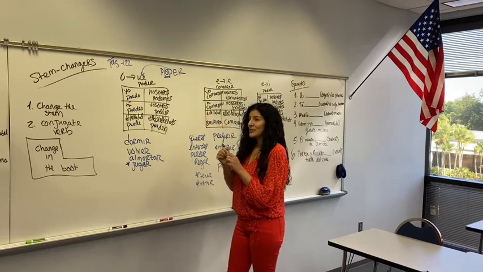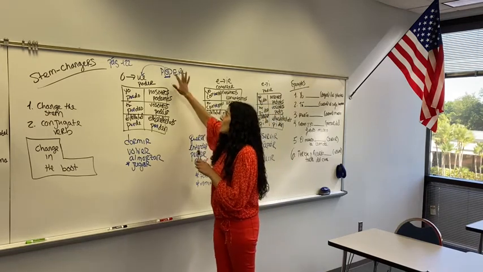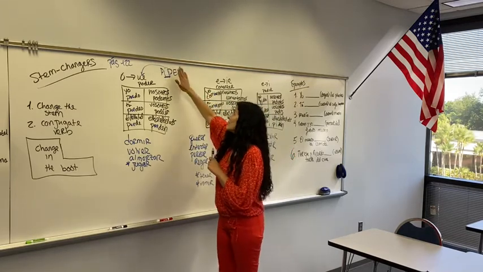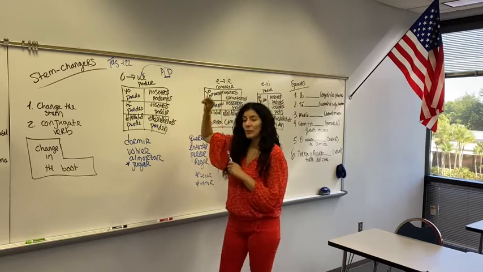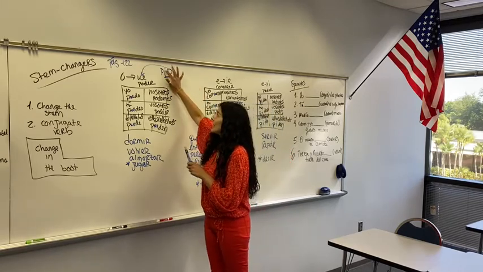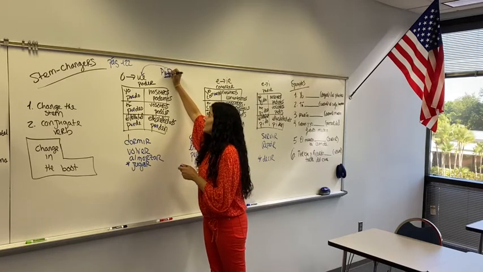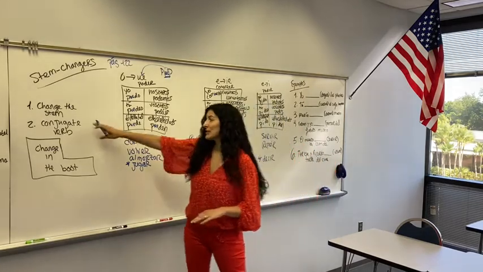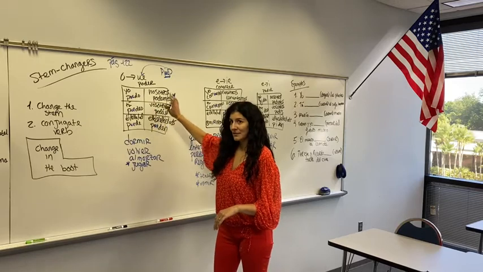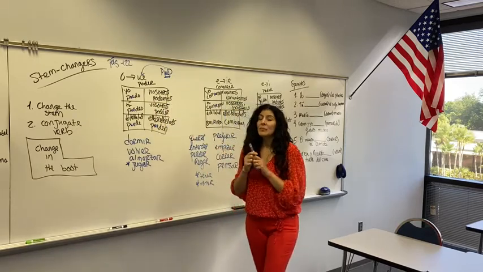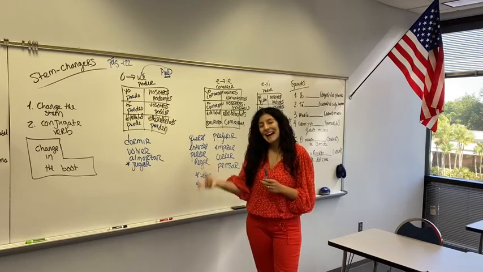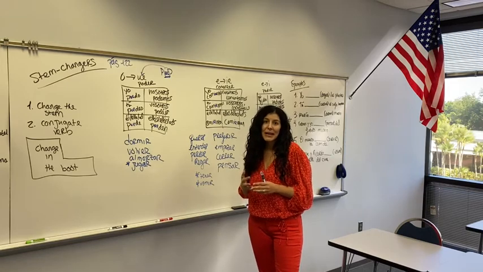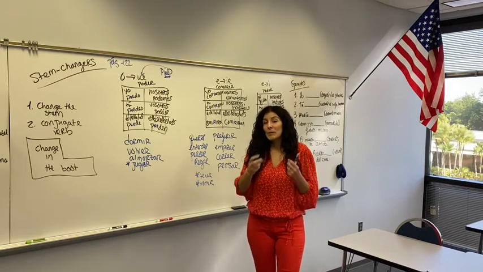When we talk about changing the stem, what we're saying is this O is going to come out, and instead, before we conjugate, we're going to take out that O and add a UE. That's before we put the ending on, before we change the ending to reflect the subject. So what we're really doing with stem changing verbs is just adding an extra step, an extra process that we have to go through and remember before we put on the ending.